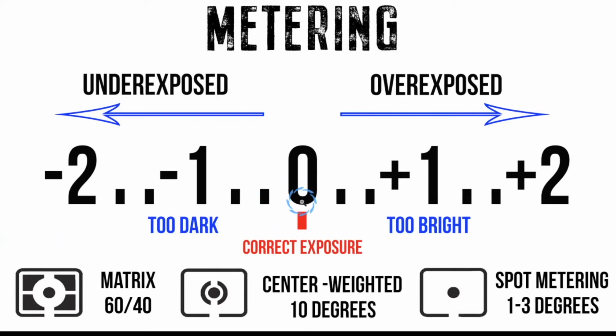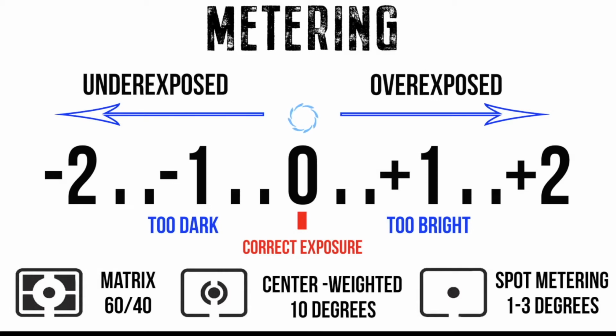This is telling you when the camera thinks you have the correct exposure. When the little line that moves, and we're assuming that this red line is the one that moves, is at 0, that means you have the correct exposure according to the camera. That doesn't mean that you have the correct exposure. That's just what the camera thinks is the correct exposure.